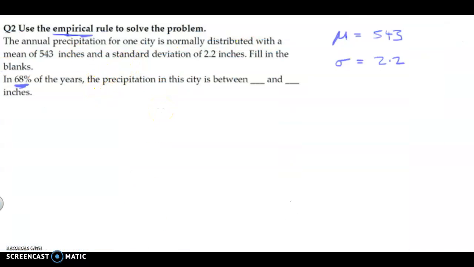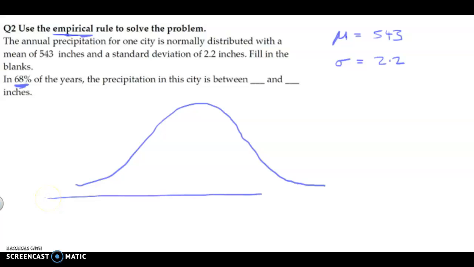In our question here, we don't have a standardized curve, but we still have a normal curve. This is very roughly drawn, but our mean here is 543. And +1 standard deviation for us is going to be 2.2 inches added on to this. This is going to be plus sigma, and this is going to be minus sigma. It's a distance that away from the mean value.